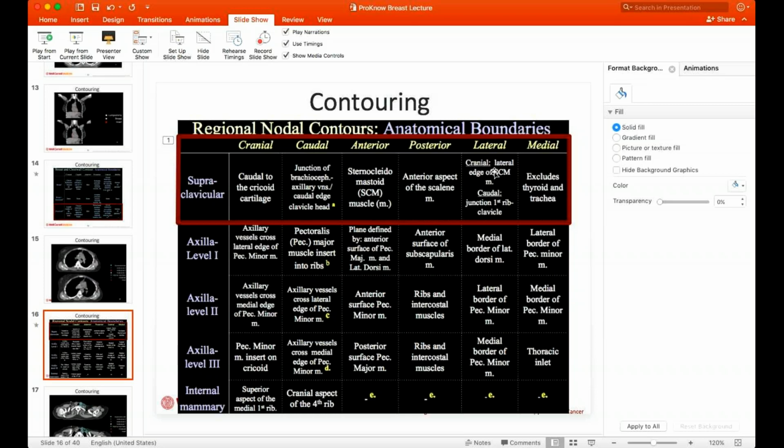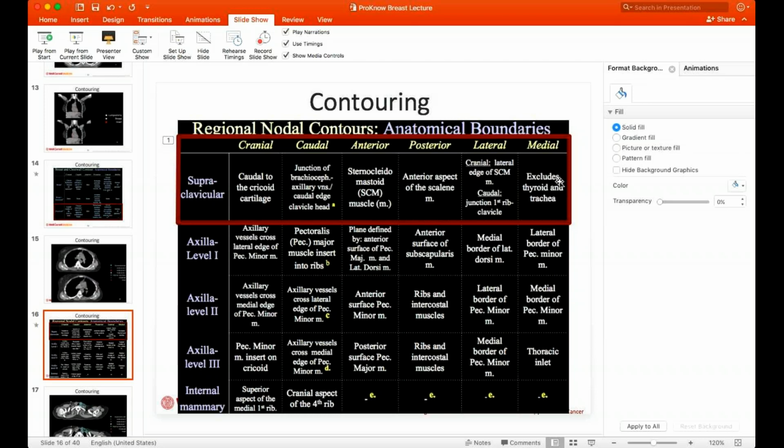Laterally towards the top of the contour of the supraclavicular lymph nodes, the edge of the sternocleidomastoid muscle is where you should limit your supraclavicular lymph node contour. And when you get more inferiorly and the sternocleidomastoid muscle disappears, you then want to use the junction of the first rib and the clavicle as your lateral border.